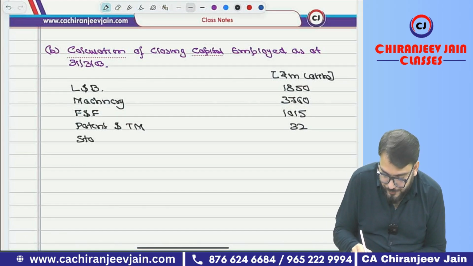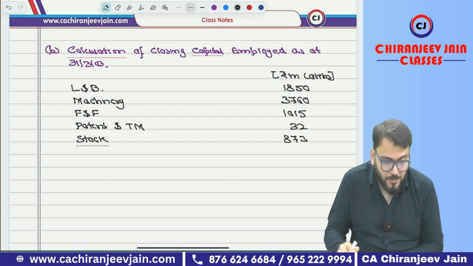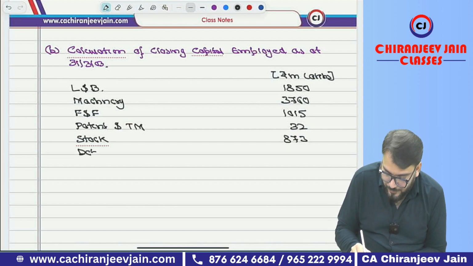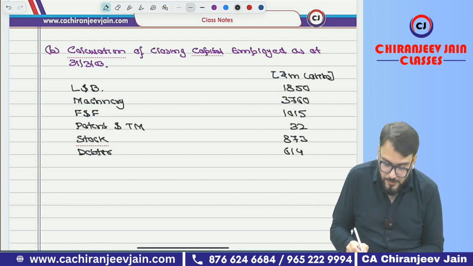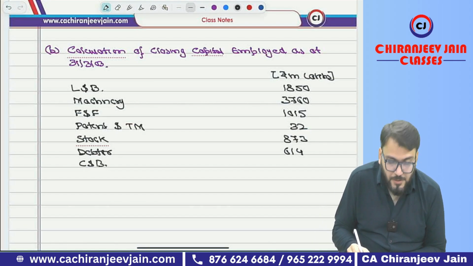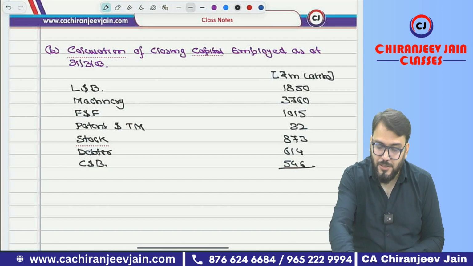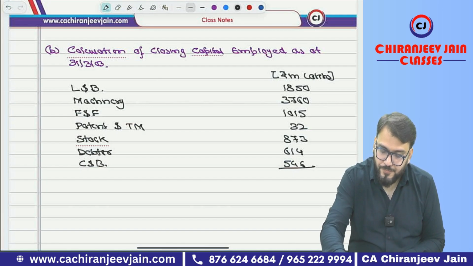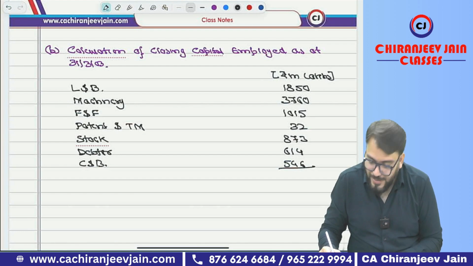Then we have stock, 873. Then we have debtor, 614. Then we have cash and bank, 546. Okay, sir, can you give me the total? 1850 plus 3760 plus 1015 plus 32 plus 873 plus 614 plus 546 is equal to 8690.